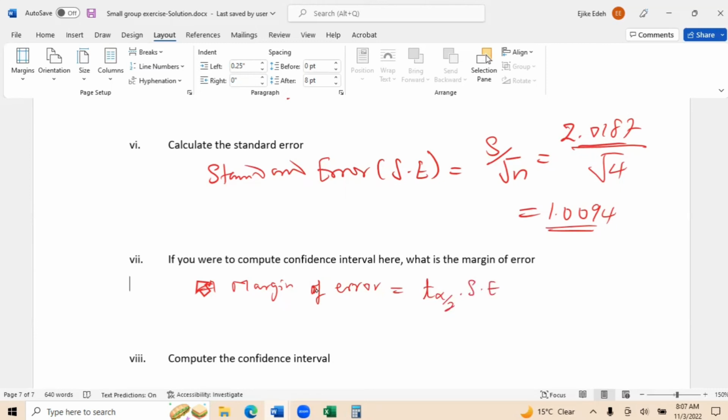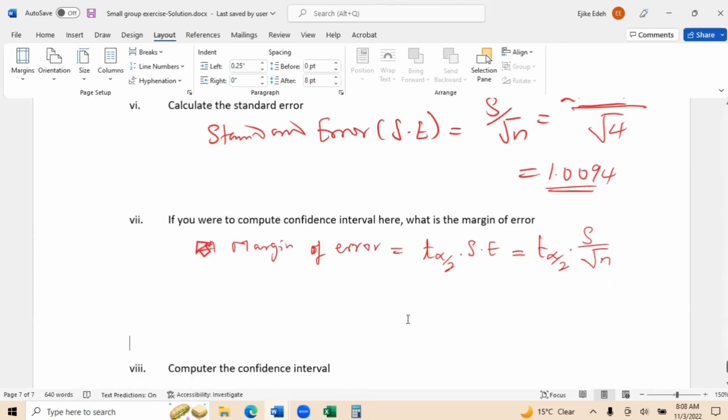We may not have used it separately this way in that space. So this will be equal to T alpha over 2 times standard deviation divided by square root of n. If you go back to chapter 7, that's what we use for margin of error when we are computing the confidence interval.